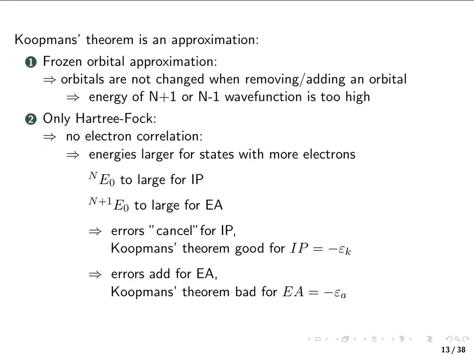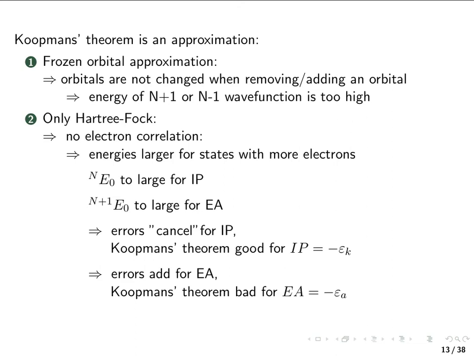So the orbitals are not allowed to change or relax. So it's a frozen orbital approximation. And that of course means that the energies which you calculate for the n+1 or n-1 wave function are too high. Because if we would allow the orbitals to be changed, to be optimized, then because of the variation principle, we will get a lower energy. So those two energies are too high.